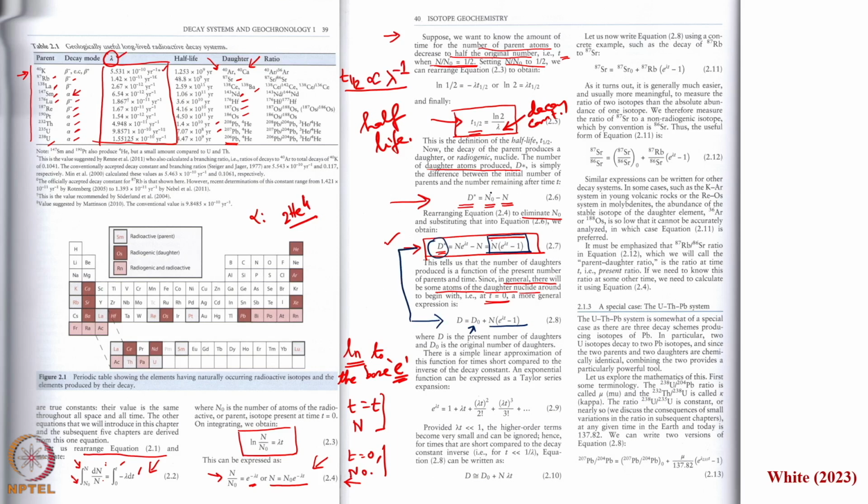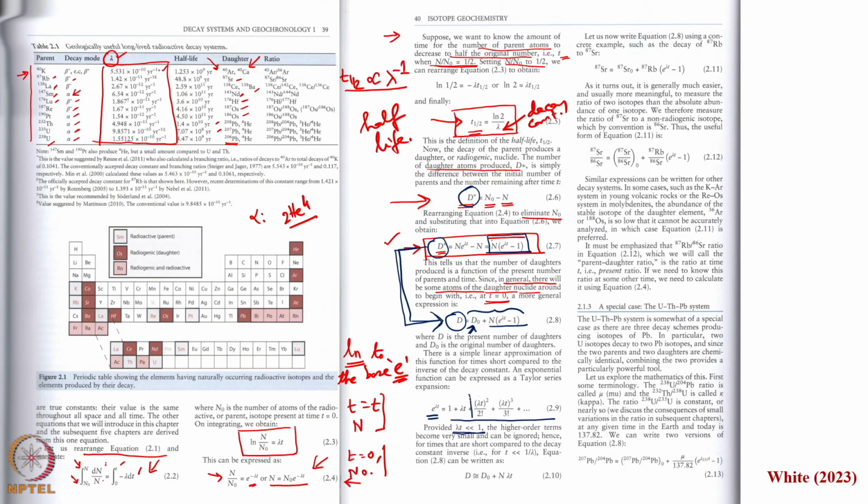Earlier we said that D* is the number of atoms produced by disintegration. Since here this total number is not entirely due to disintegration, but because of the presence of some earlier D0, that is the reason D* is written as D. Now, this e^(λt) can be expanded in the exponential series format, and we know that λt is very much less than 1.